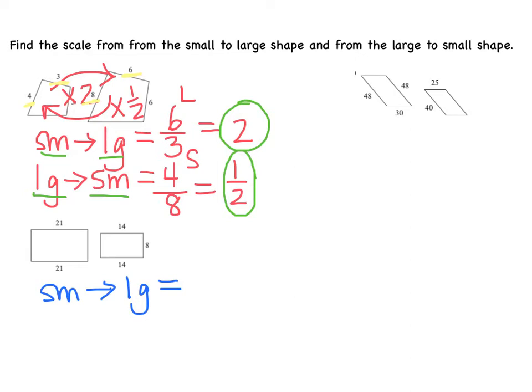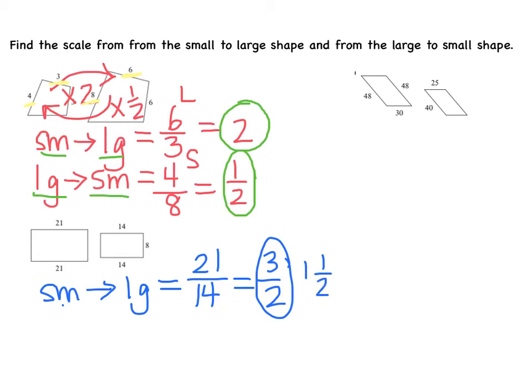So you're going to take your large shape dimension and use that as your numerator and put it over the denominator of the corresponding side of your smaller shape. And 21/14 simplifies to 3/2. So what that means is that I multiply my small shape by 3/2 to get my large shape. We could also say 1 and 1/2.